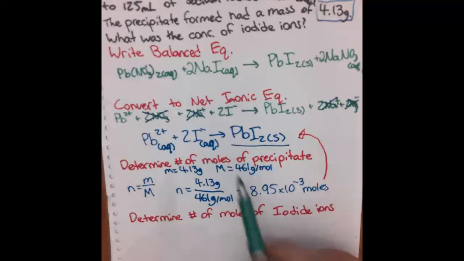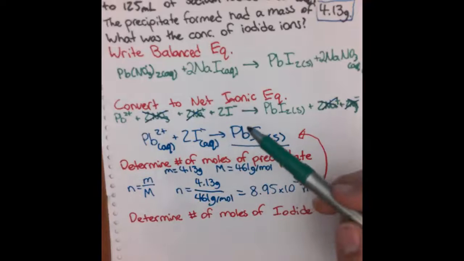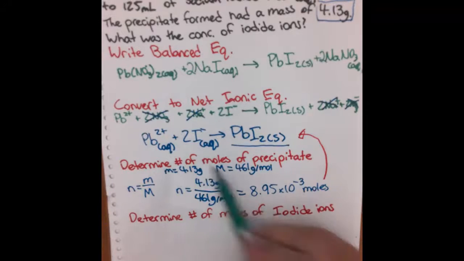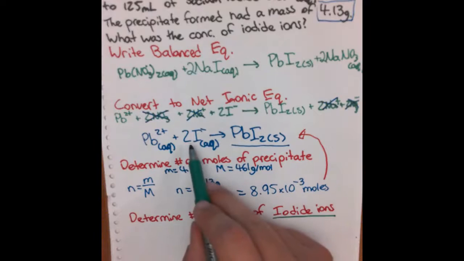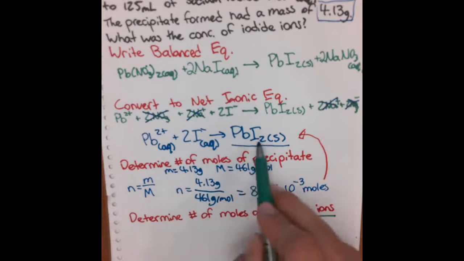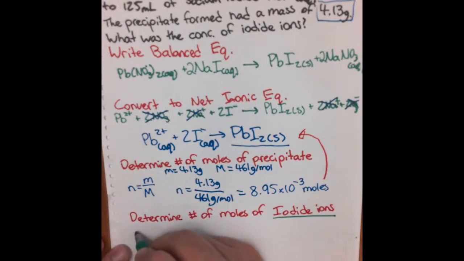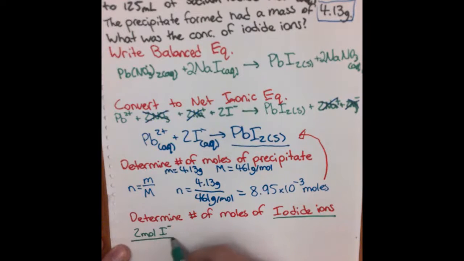So here, we always put what we're looking for on top. So we're looking for iodide ions. So our molar ratio from iodide to lead iodide is going to be 2 moles of I minus per 1 mole of lead iodide.